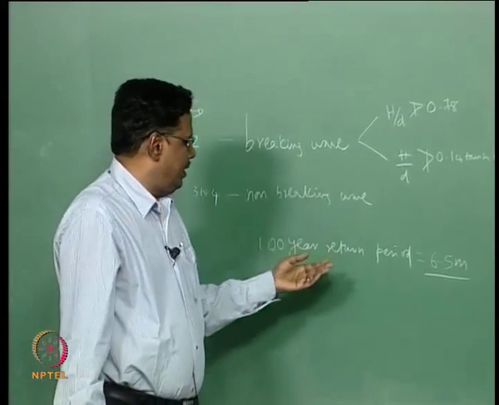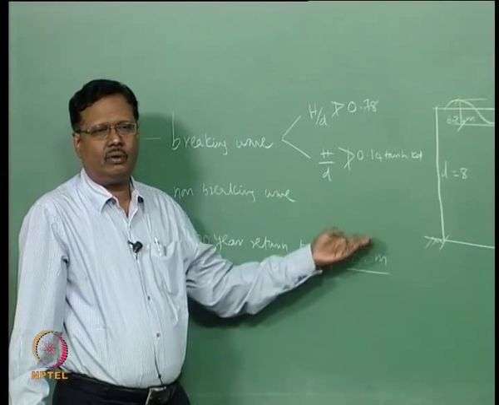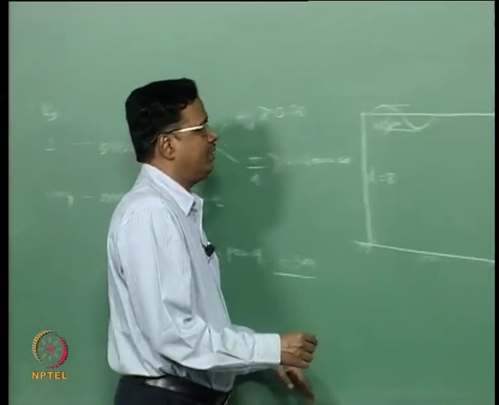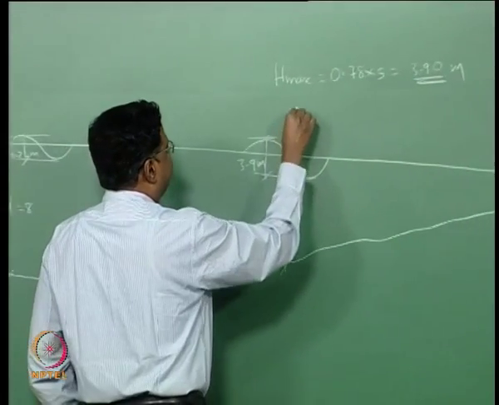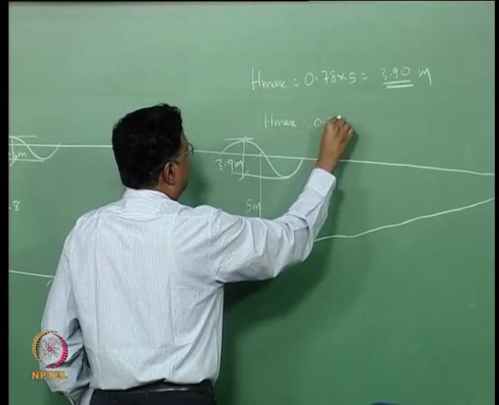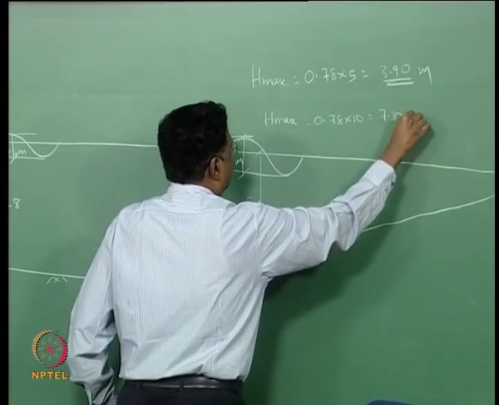If the 100-year return period wave height is 6.5 meter, and you go for water depth more than 10 meter, for 10 meter what will be the wave height? H max will be 0.78 into 10, that is 7.8 meter.